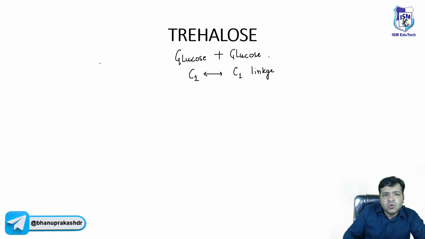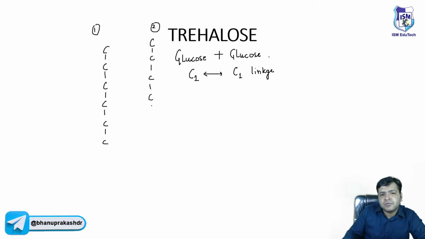अब ग्लूकोज में भी 6 कार्बन होते हैं बेटा. Glucose contains 6 carbons, right? Suppose this is the first glucose and this is the second glucose. The first glucose contains the aldehyde group at the first position. The second glucose contains the aldehyde group at the first position.